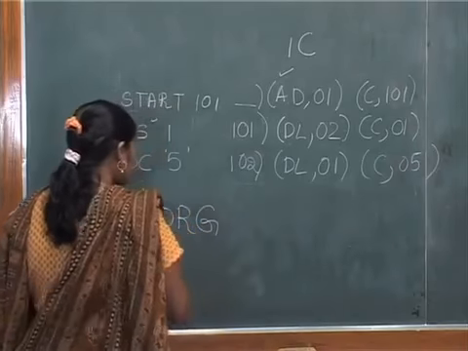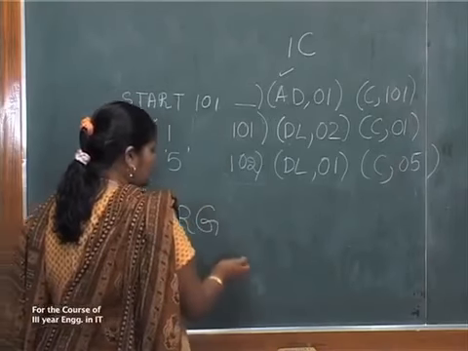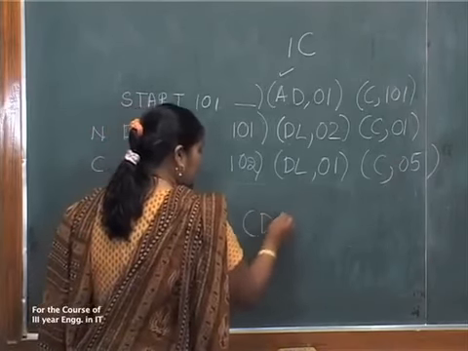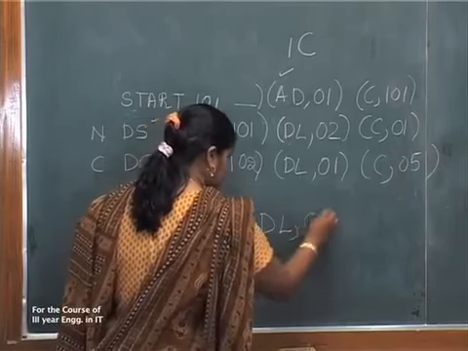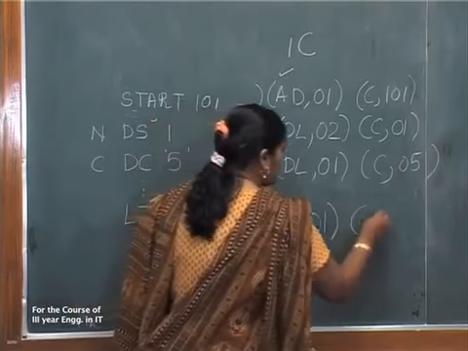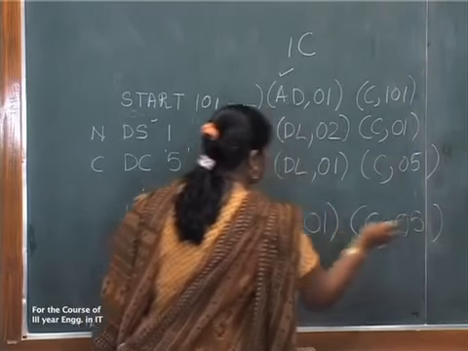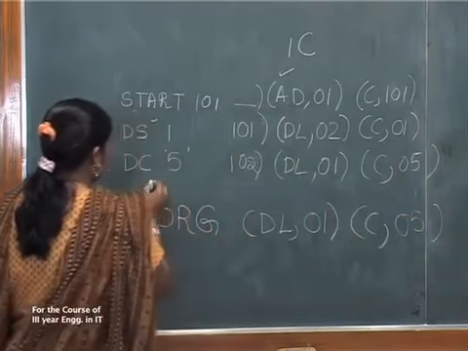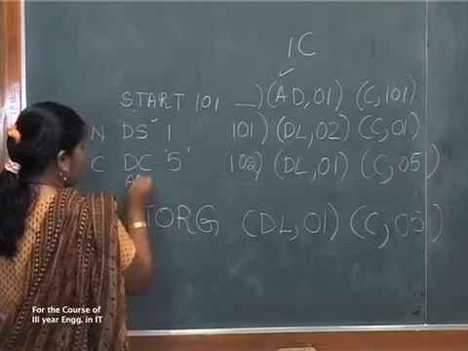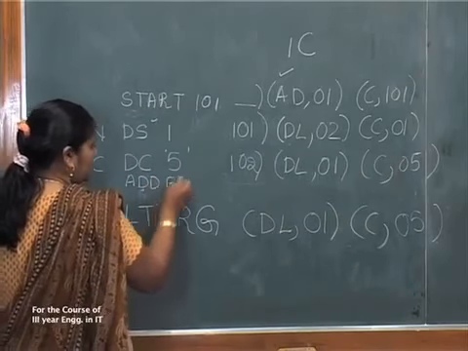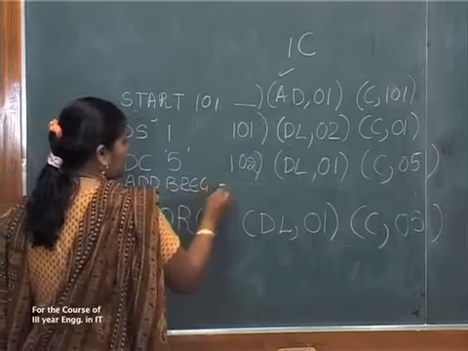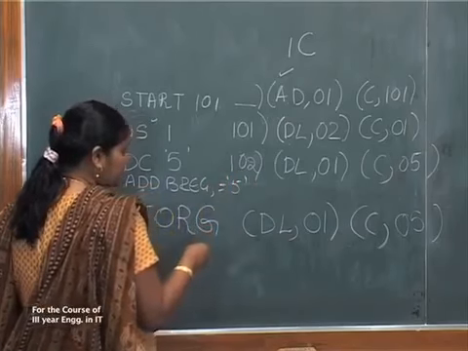In that case, the intermediate code form for LTORG would be a series of DL statements, of the form like this. Suppose we have encountered a literal 5 in our program, say ADD BREG, equals 5.